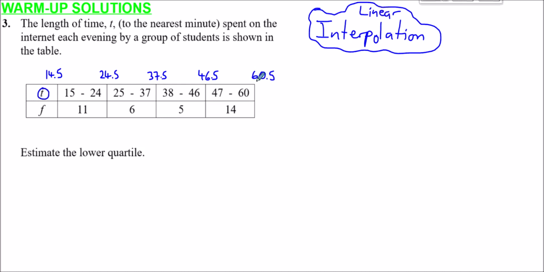Yes, you might be thinking if it was 60.5 exactly, it would round up to 61, but because t is continuous, we can get infinitesimally close to 60.5 and it still rounds to 60. So if it really makes you more comfortable, you can think of this as being 60.49 recurring, which actually is exactly the same as 60.5, but ask me that in lesson if you don't believe me and I'll try and convince you. This upper boundary is 60.5.